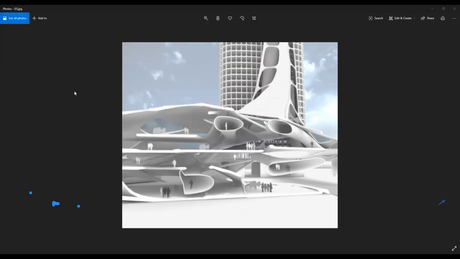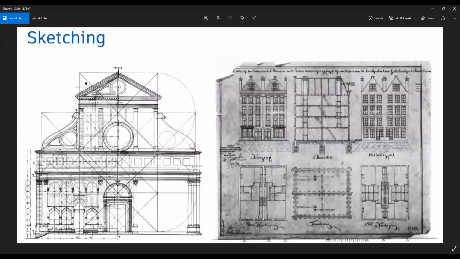Now look at what you are seeing on the screen now. Looking at that era of documentation, what architects simply did, they had an idea, they put it on paper.